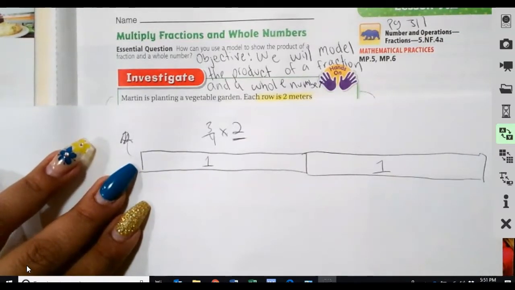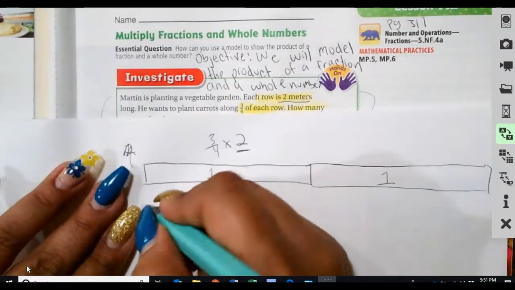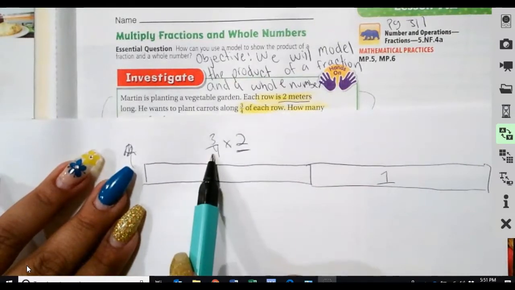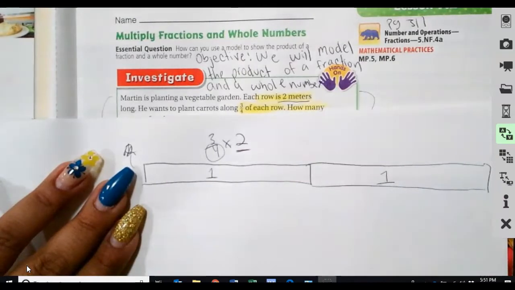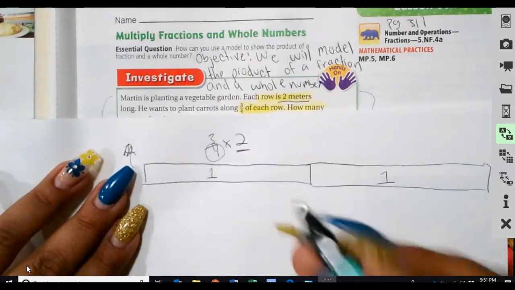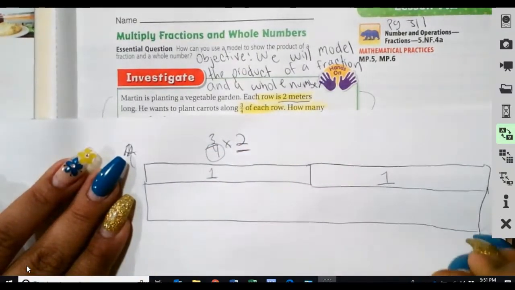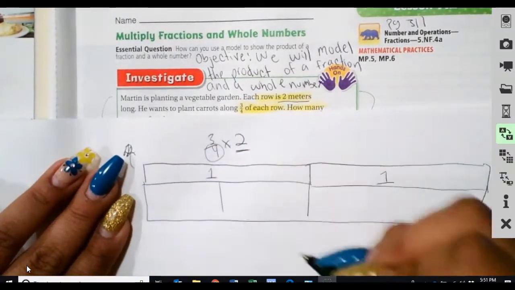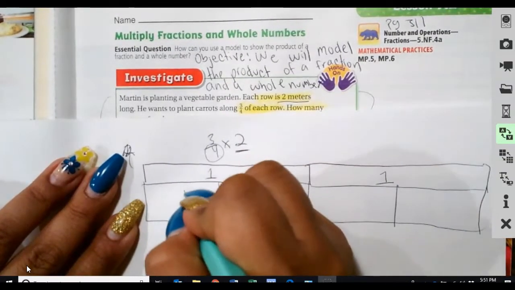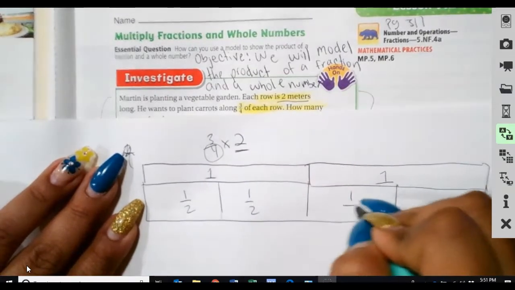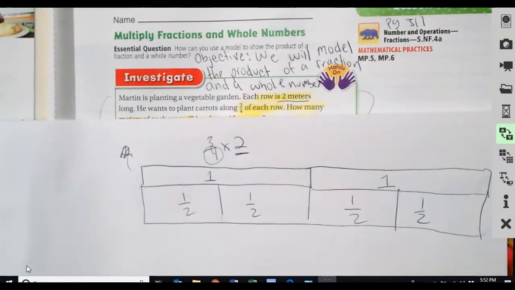So we're going to go ahead and draw those 4 equally. Now, the reason why I have to do fourths is because I'm doing 4 groups, okay? So just a little side note. I'm going to go ahead and divide this into 4. Okay, and so here I know that this is 1/2, this is 1/2, this is 1/2, and this is 1/2.